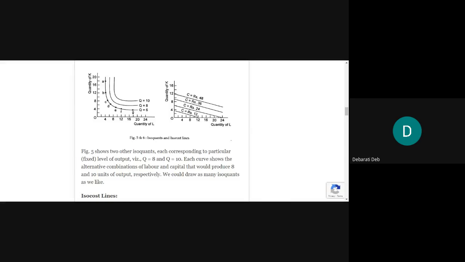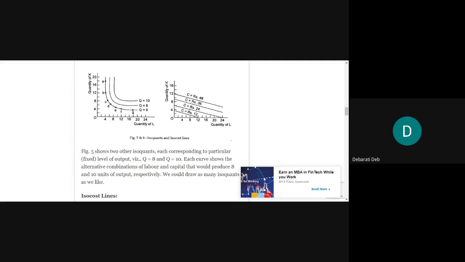Each curve shows the alternative combinations of labor and capital that would produce 8 units and 10 units of output respectively. We could draw as many isoquants as we like.